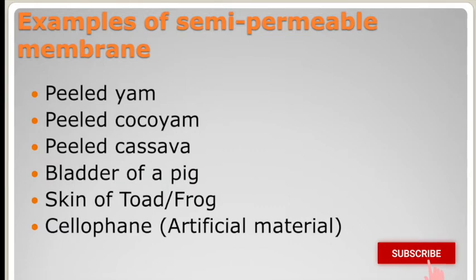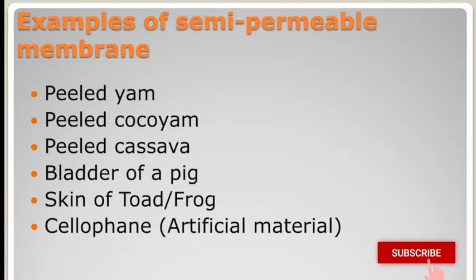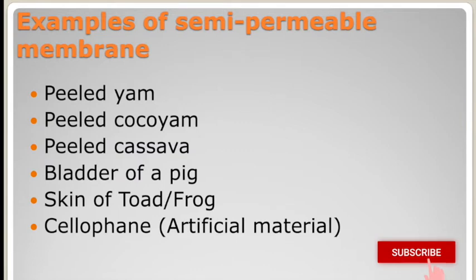We should know that it is the cell membranes in the cells of these materials that allow the movement of water through them. When we go back and look at what a cell is, we will see that each cell has a cell membrane, and a cell membrane allows substances to move in and out of the cell.